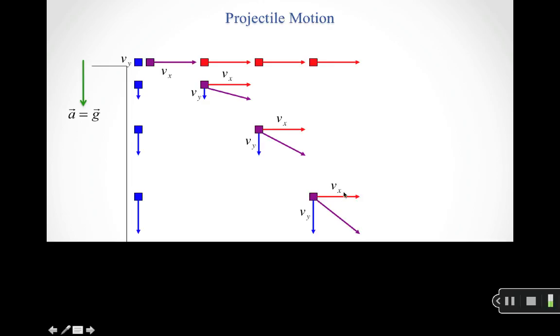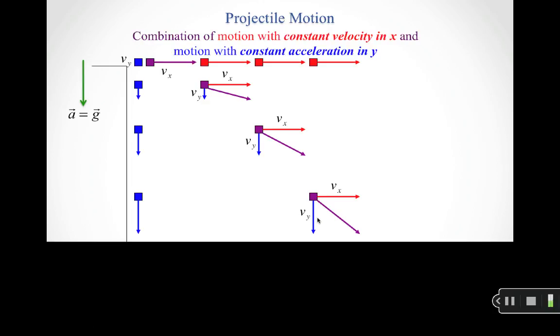It goes even farther, x component doesn't change, y component gets larger. So what we see here is a combination of motion with constant velocity in x, so constant velocity horizontally, and motion with constant acceleration in y, so constant accelerated motion vertically. Okay? So this is how we're going to deal with projectile motion problems.